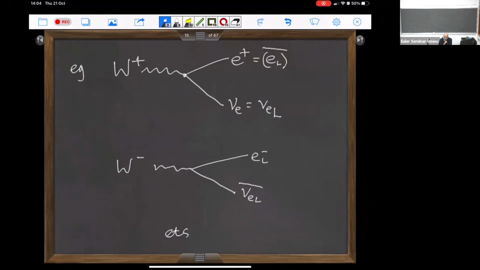And we emphasized the inverse of that statement, if you like, by looking at, in the top, a W plus decay into a positron and a left-handed neutrino. So this neutrino is left-handed, the positron is right-handed, and that's because it's the antiparticle of the left-handed electron. And then there's a similar structure for W minus decay in this particular channel.